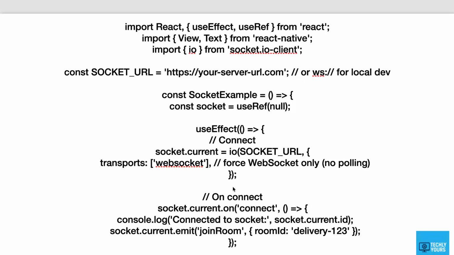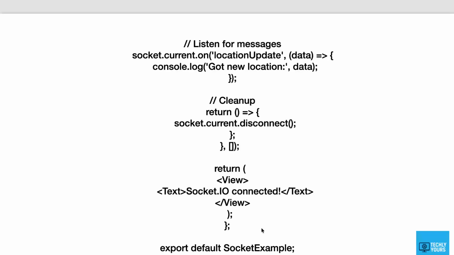Then socket.current.on: whenever it is connected, we can check, like connected to a socket, then we will send the id, and we can emit join room, whatever the room id is, from here. Then if we want to listen to a message, we just use socket.current.on, that is location update. And if we want to clean up, like disconnect, then we simply use socket.current.disconnect.